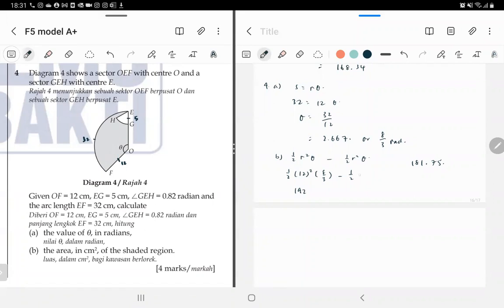And then another one, GEH: first I do 1/2, and then bracket 5 power 2, and then bracket 0.82. That one I get 10.25. So the final answer 181.75 cm squared. Yeah. Okay, right?